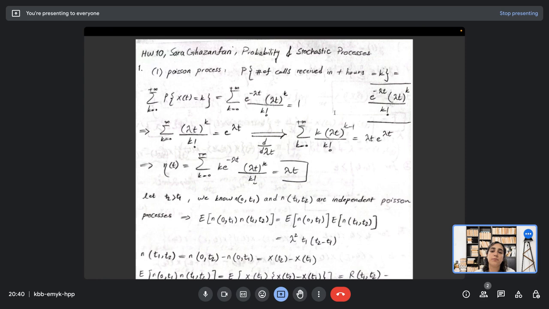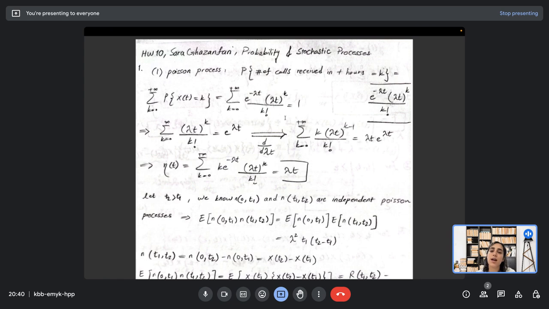And we know from the first part of the course that the probability distribution function of the Poisson process is equal to e to the power of minus lambda t times lambda t to the power of k, with k factorial in the denominator.